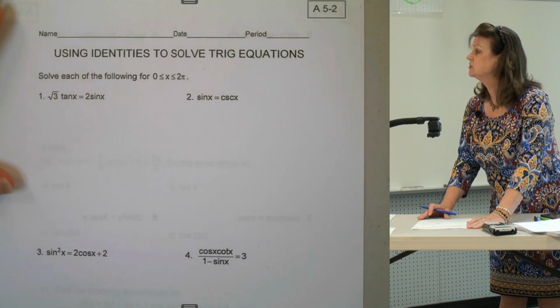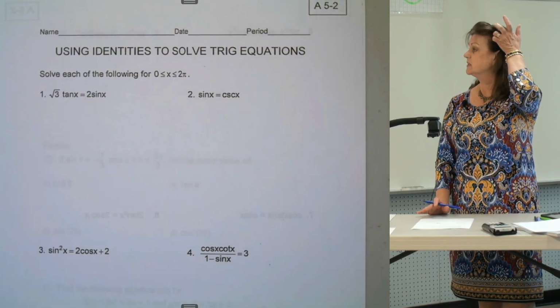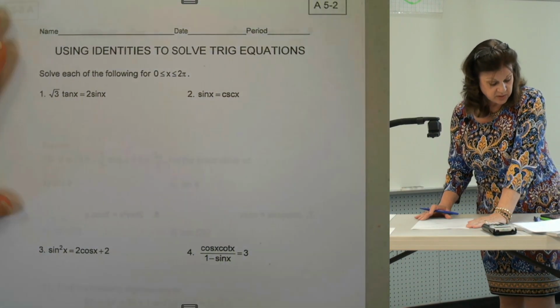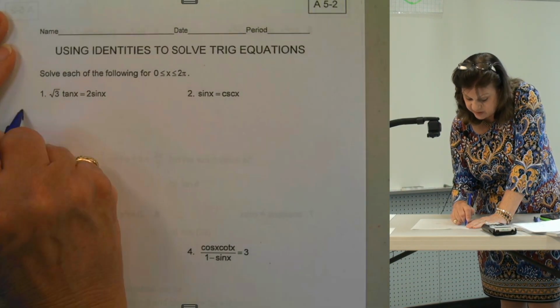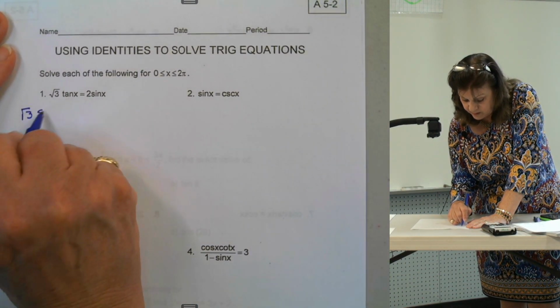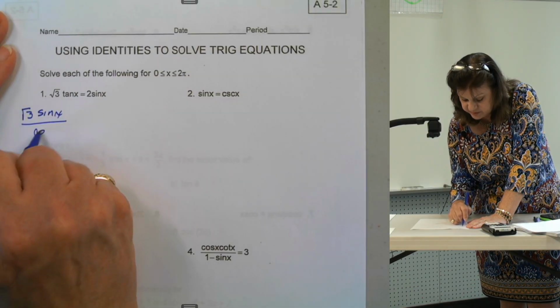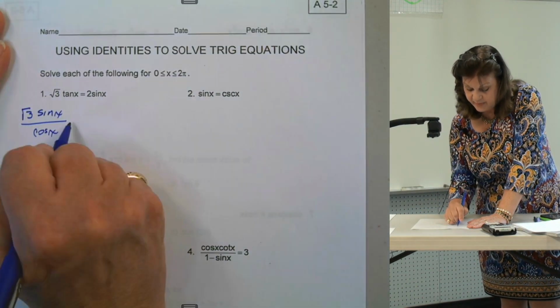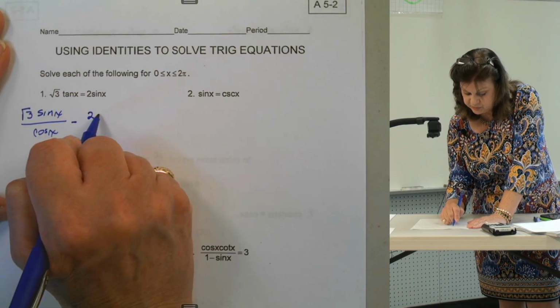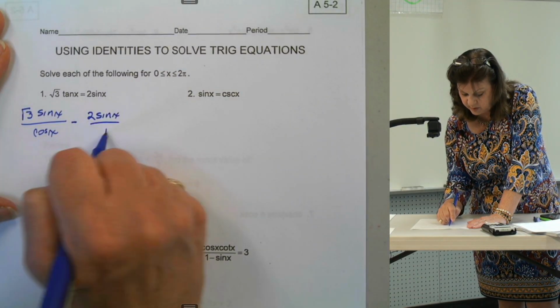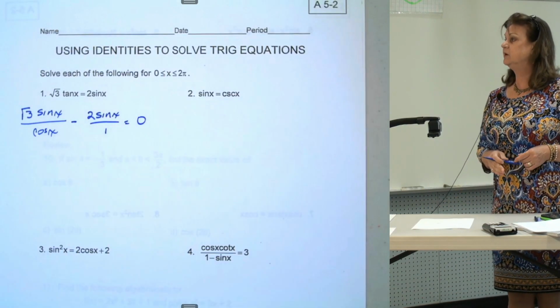I've got that tangent in there, and I know I can introduce cosine and sine if I change its identity, so I'm going to do that. So I've got root 3 sine x over cosine x minus 2 sine x over 1 equals 0. I did quite a bit in that first step.